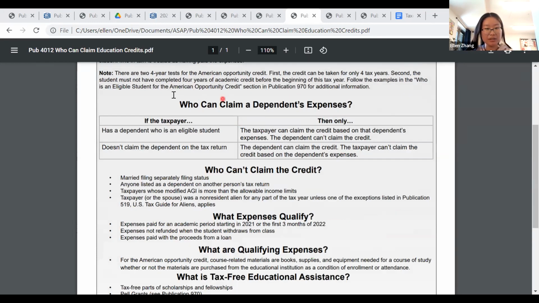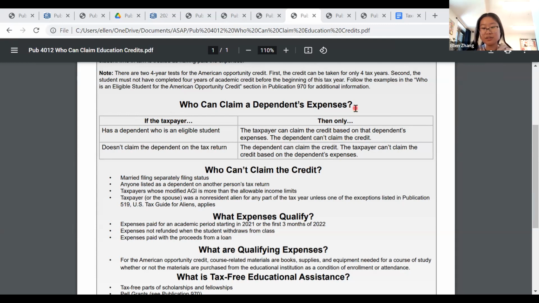So here's a little chart. Who can claim a dependent's expenses? This would be, for example, if you were the one paying your tuition. If the taxpayer has a dependent who's an eligible student, for example, your parents, then only the taxpayer can claim the credit based on the dependent's expenses. The dependent can't claim the credit.